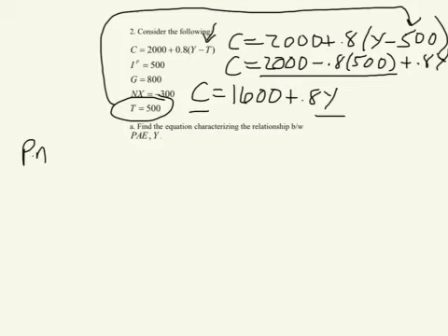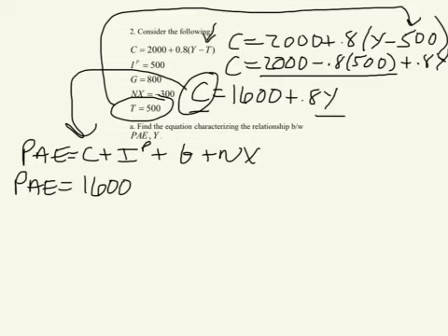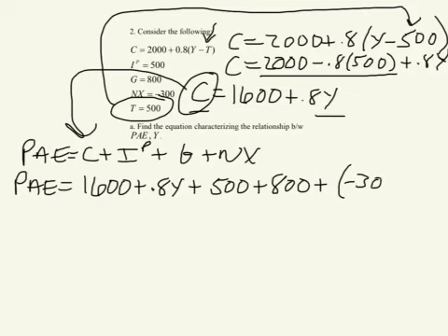So I know spending is consumption plus investment plus government spending plus net exports. So I'm going to take consumption from that function, stick it right there, and throw all these other terms in there. So planned aggregate expenditures is equal to 1,600 plus 0.8y plus investment, which is 500, plus government spending, which is 800, plus net exports, which is negative 300.